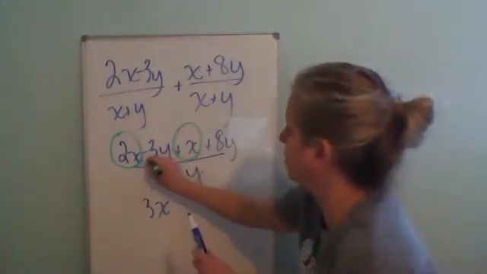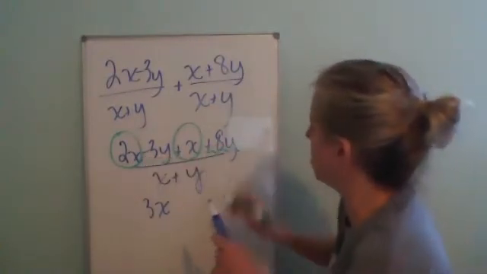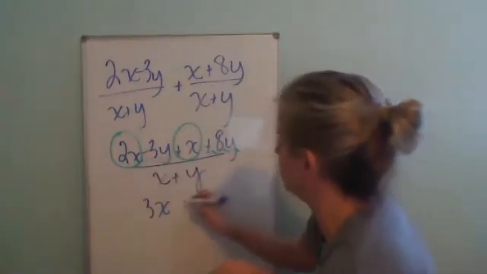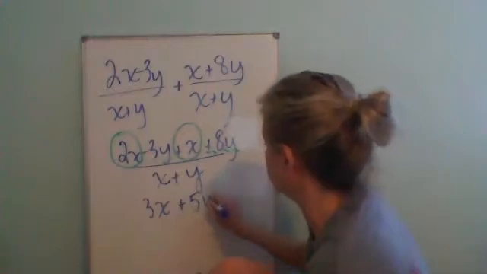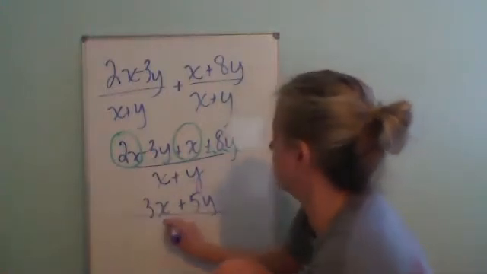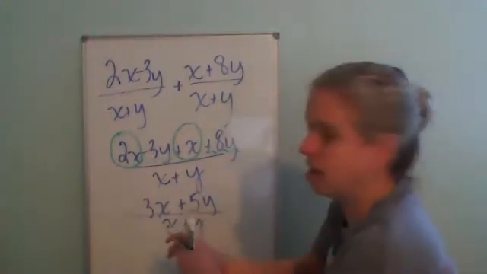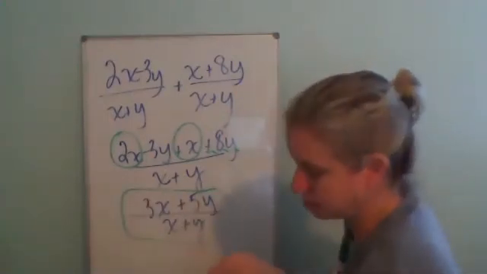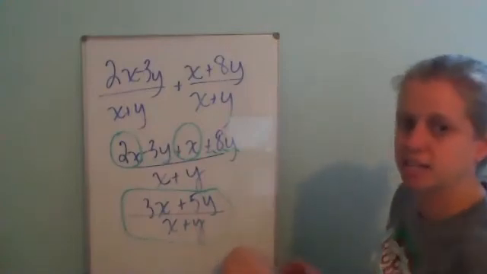And then here, I've got a negative 3y and a positive 8y. So what do you get when you put a negative 3 with a positive 8? You get a positive 5y. And it's still over your common denominator of x plus y. So 3x plus 5y over x plus y.